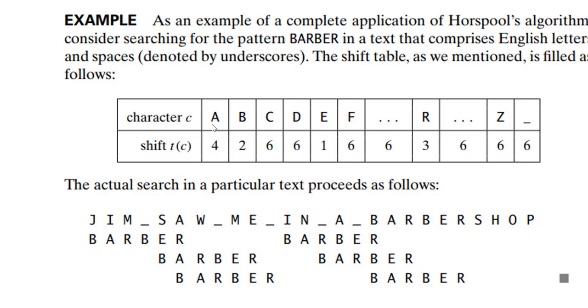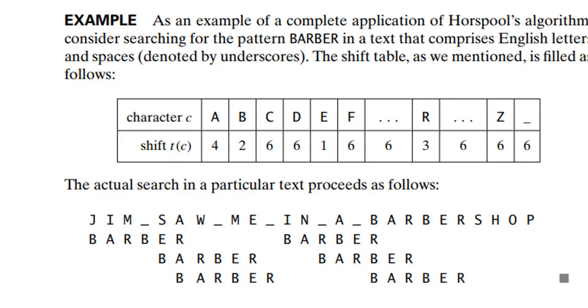So this shift table is created with all the alphabet characters. Why are we giving dashes? Because these characters are not there in the pattern string. We are just writing A, B, C, D, E, F, G till Z. So what is the actual algorithm?